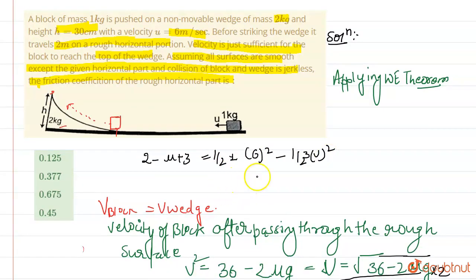If you solve this, you will get mu equal to 54 by 80, so it will be 0.675. So the correct option is option C.